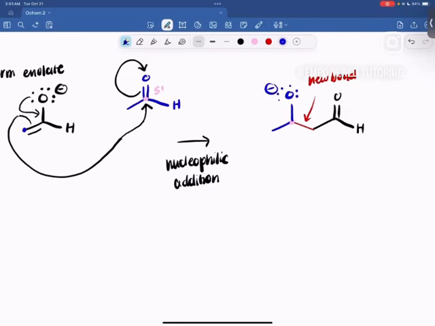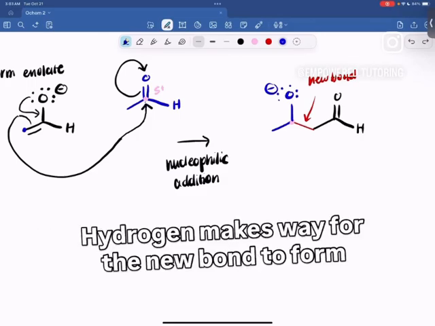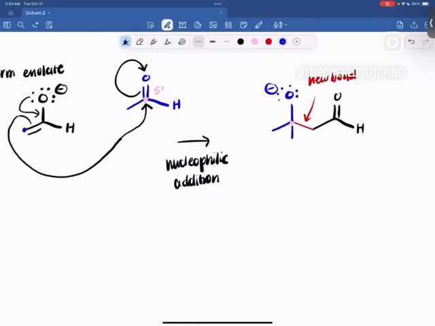You might ask, what happened to our fellow friend, Mr. Hydrogen over here? Well, he's still there. In my mind, I like to think of the hydrogen just moving around to make space for that attack to happen and create the new bond. But we need to remember there's still a carbon on this side, so that needs to be notated.